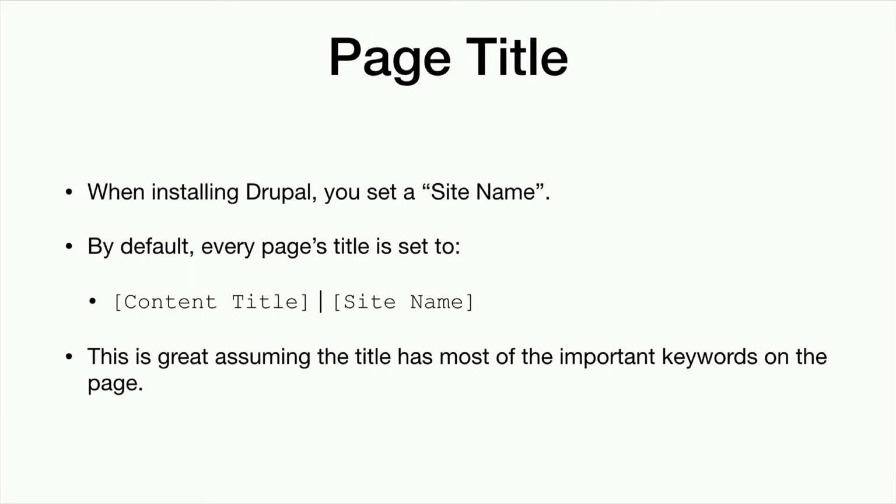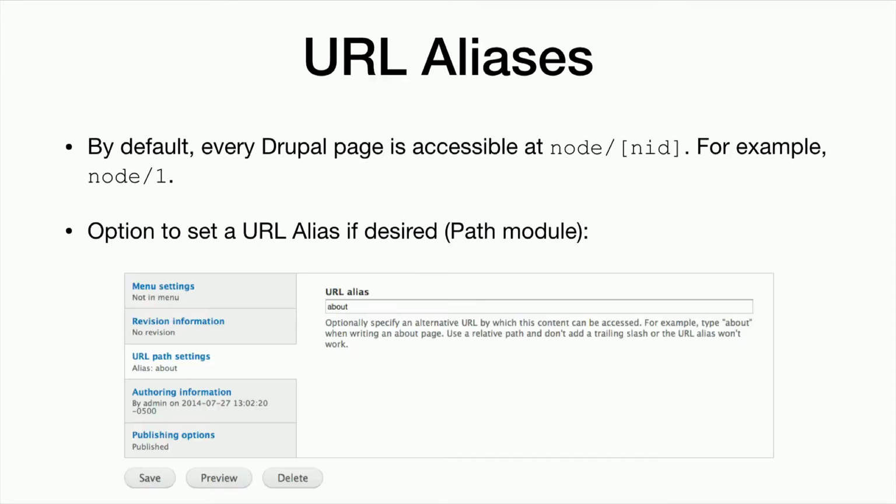By default, in Drupal core, every page's title is set to the content title plus the site name with a space and a pipe character in between them. And this is great by default because it includes some of the most important information, what your company or your website is and what this page is really about, if you set the page title correctly.